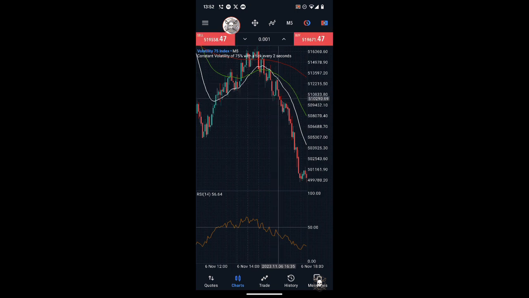I would have waited for 3 bearish candles to close right here and entered the trade. My stop loss will be somewhere above this candle, and my take profit has to be double that, so somewhere down here. The trade would have ended really well there.